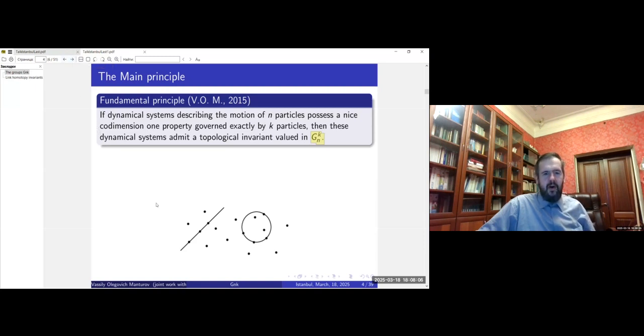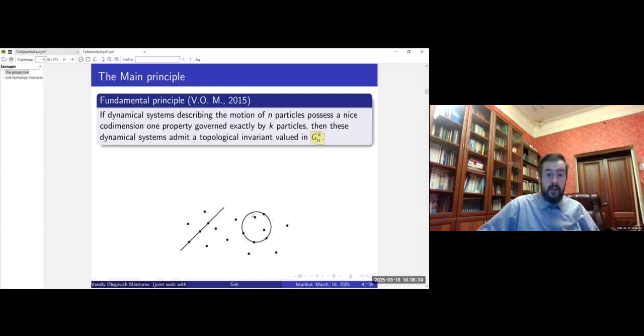Okay, and now here we have two pictures. For 4 points on the plane, which are our main hero and our main example for describing braids, the first property is 3 points are collinear.